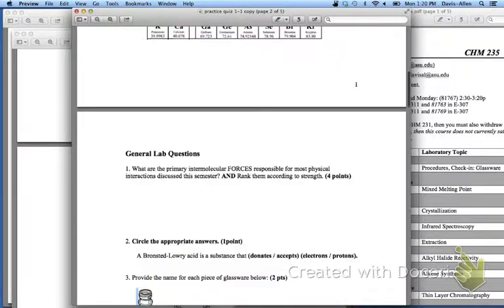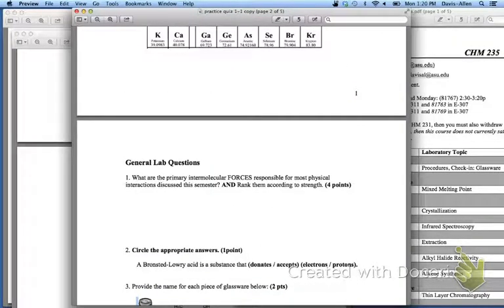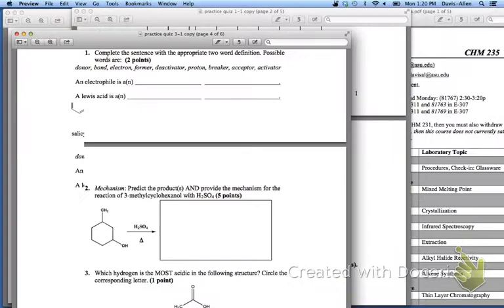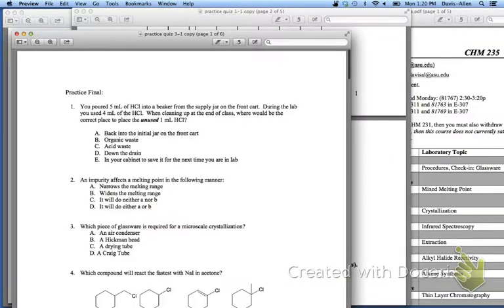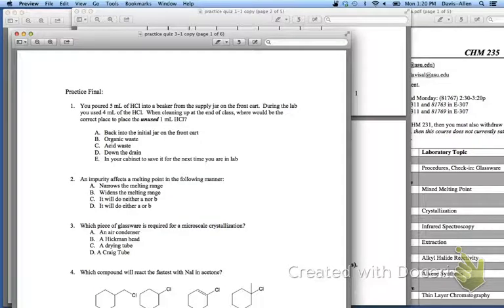Those should be fairly straightforward. I thought there was a safety question in one of the practice exams. There's one along the lines of safety in practice quiz number 3. The very first question, in fact, is looking at what you do with waste, which is ultimately a safety question.